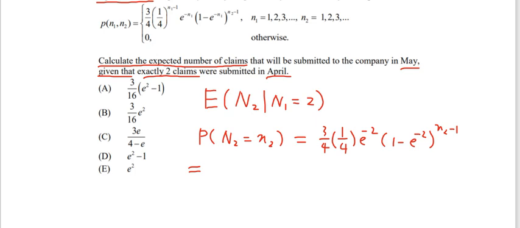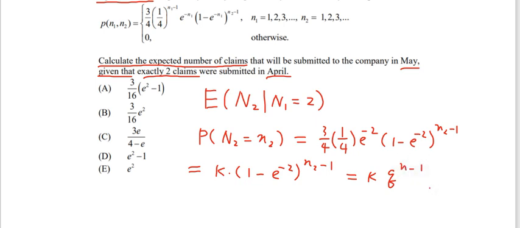We just put this as some constant, then multiply by 1 minus -2 to the power of N2 minus 1, like K, with Q as N minus 1.